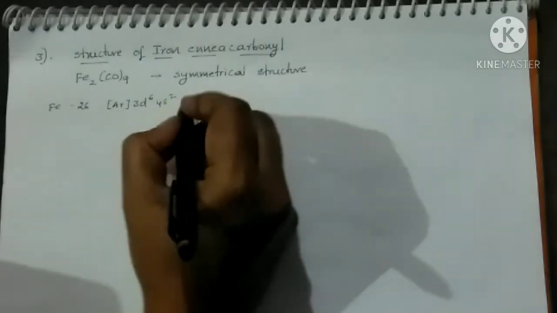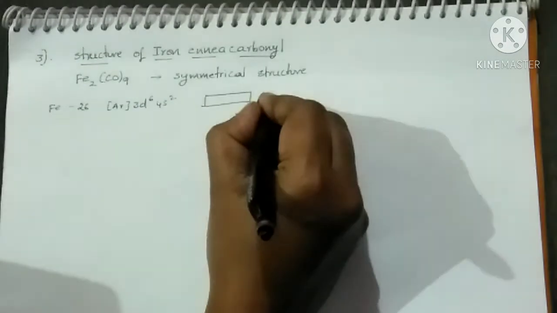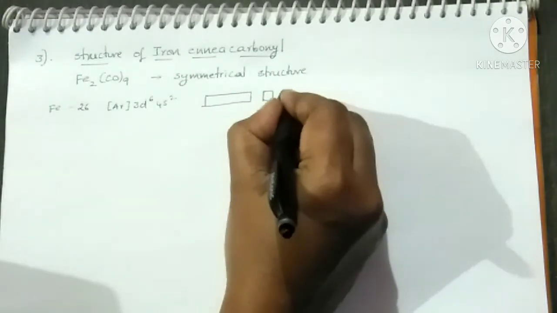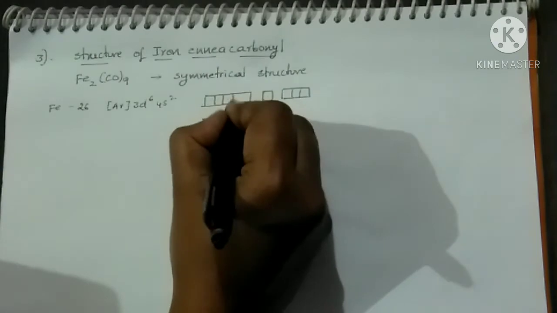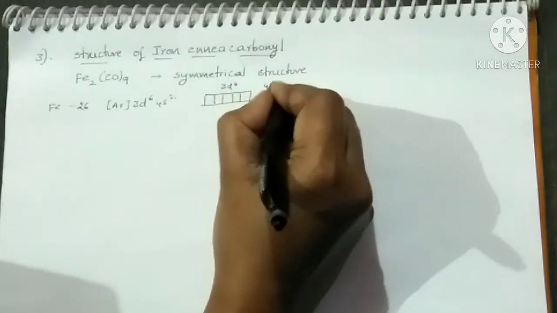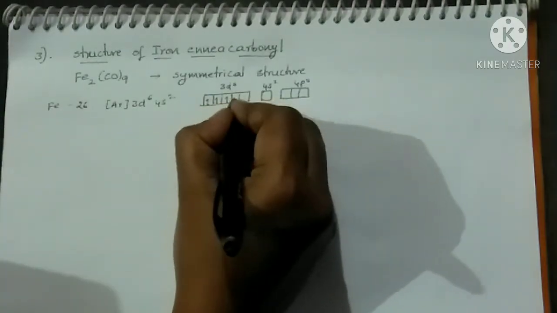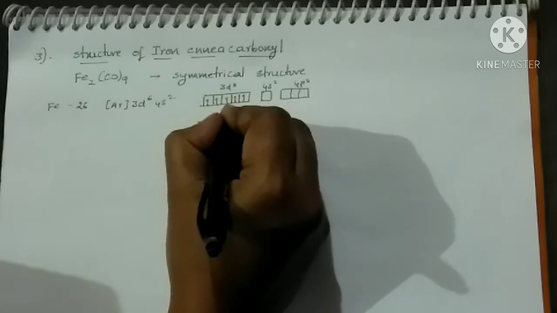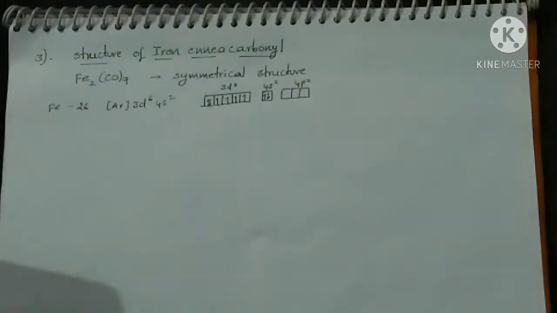It is seen like this. So 3d6 4s2 and 4p0. So 1, 2, 3, 4, 5 and 6 in 3d, and 2 electrons from 4s orbitals.